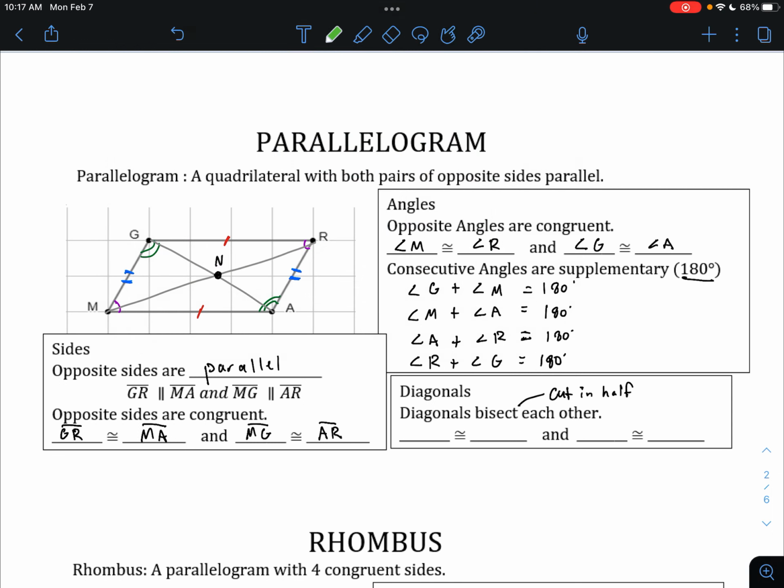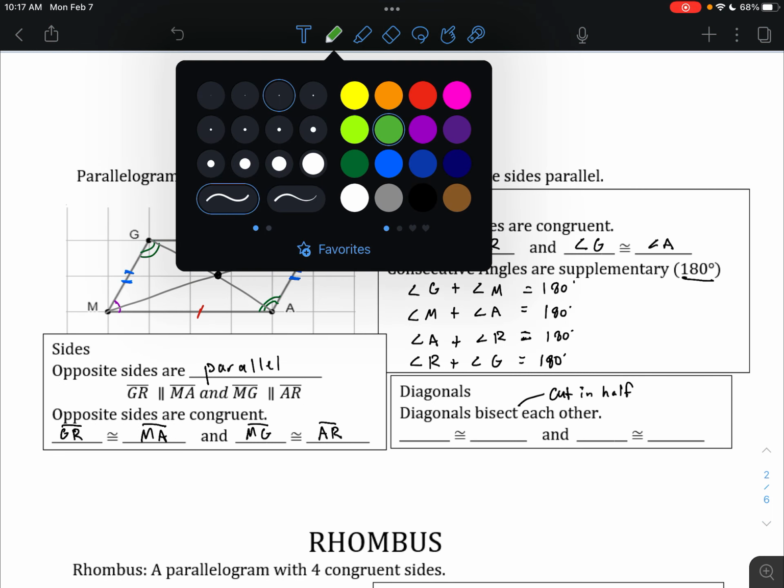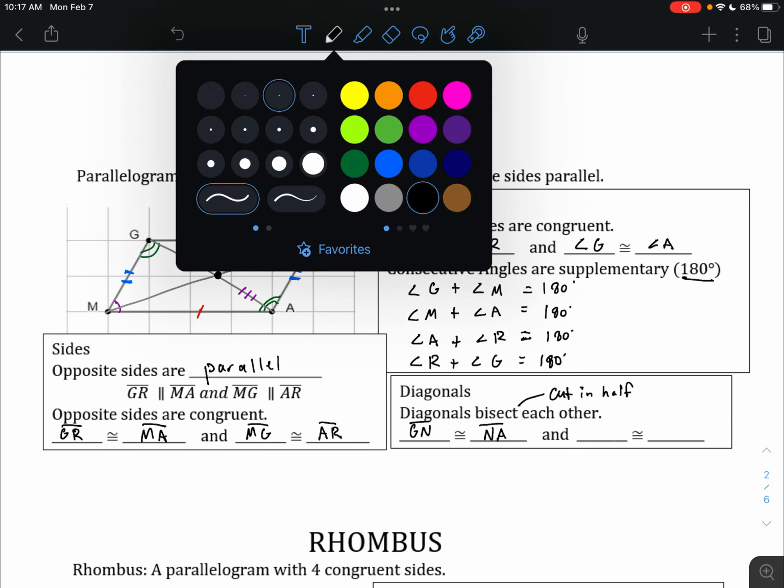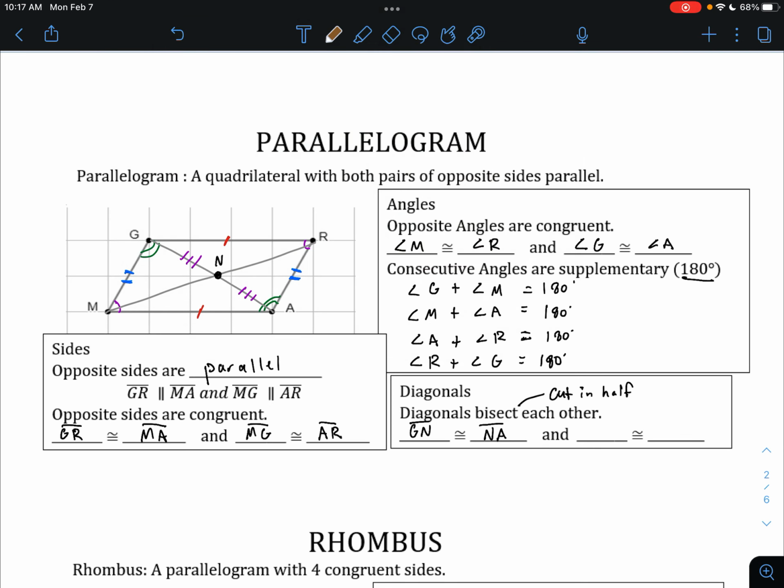Let's say GN and NA are congruent. Let's write that down. GN is congruent to NA. And I know that because my diagonal's been cut in half. I also know that MN and NR are congruent.